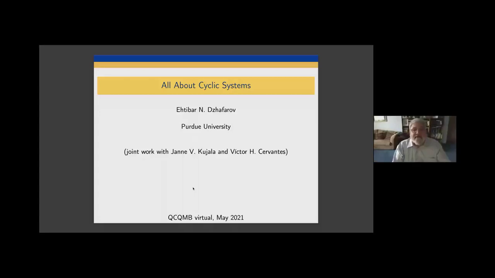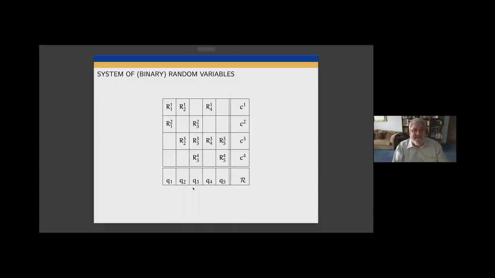I will talk about cyclic systems in some detail, but before doing this, I would like to go over some basic aspects of the general approach to contextuality that I have been working on for several years now.